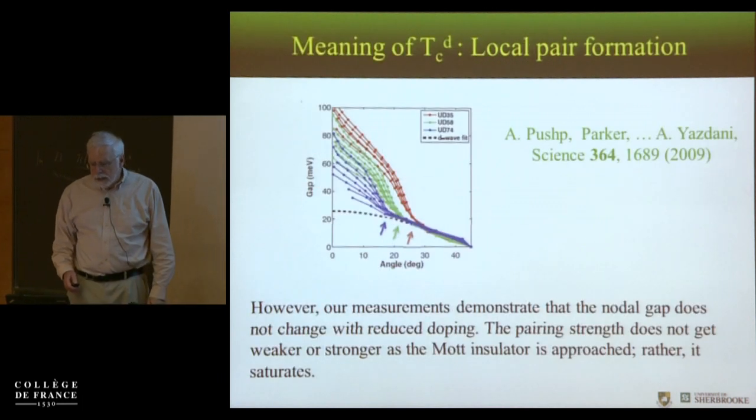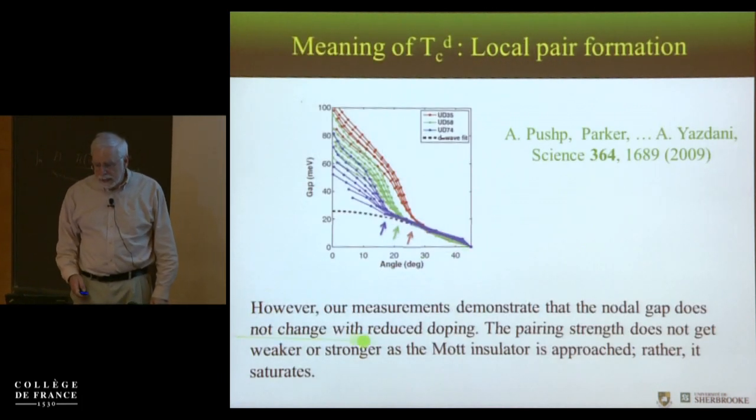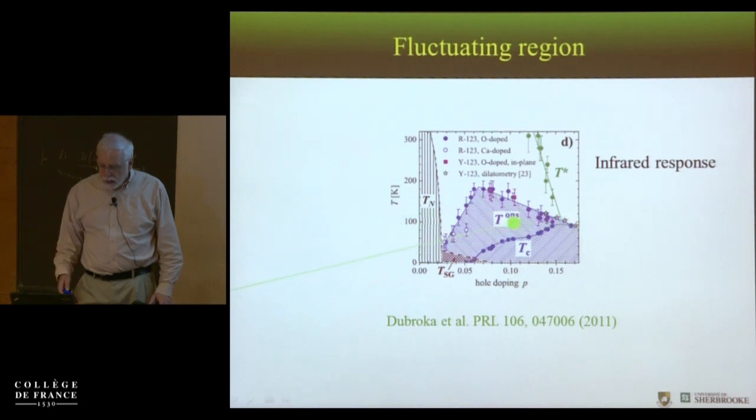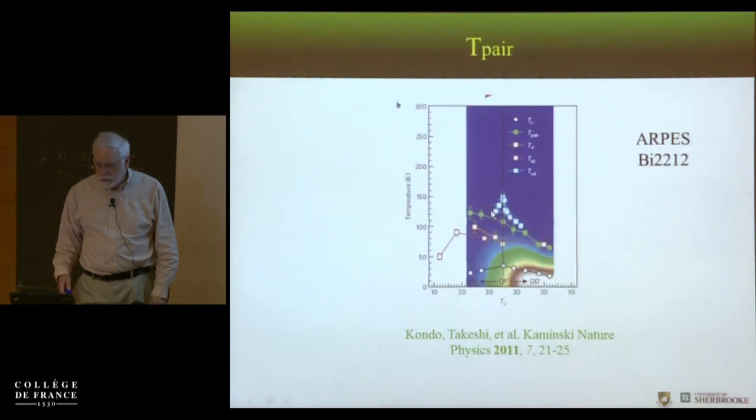But there are many, for example, there's this statement about STM measurement that said that our measurements demonstrate that the nodal gap does not change with reduced doping. The pairing strength does not get weaker or stronger as the Mott insulators approach, rather it saturates. Then there are these infrared response experiments that have an onset, what they call a T onset, which looks like a local pair formation.